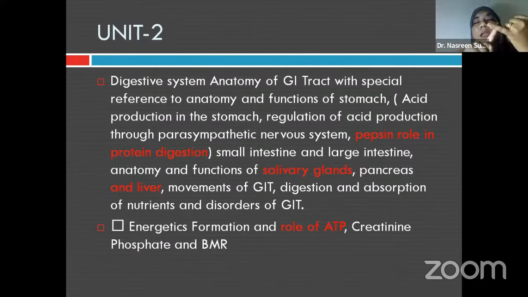First thing is its anatomy, second thing is its physiology. Physiology means chemical digestion and mechanical digestion. Now you'll say, Madam, you told the whole unit in one go, right? Yes, because it says HAP, you need to study everything. But still, if you insist on what is important, then the digestion in the small intestine and the digestion in the stomach are very, very important.